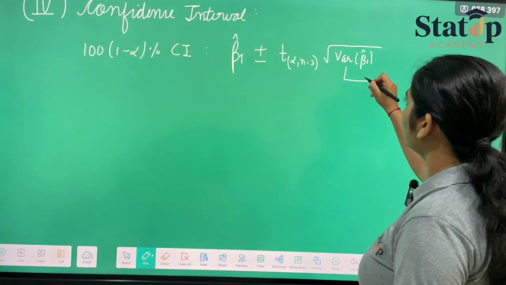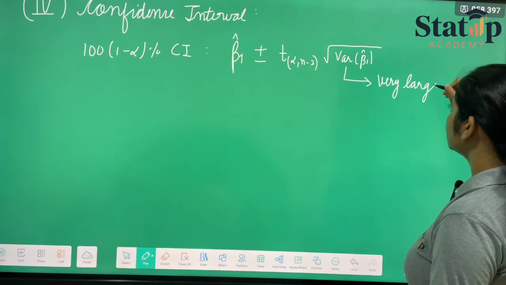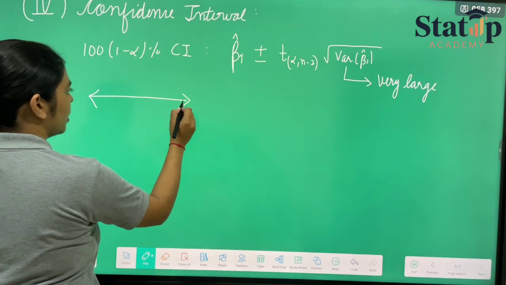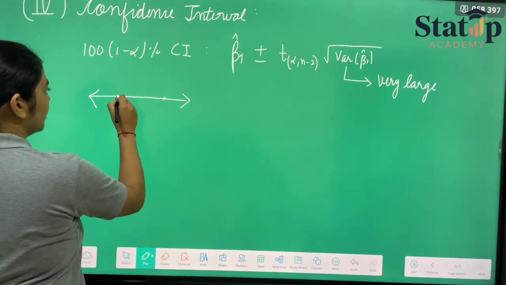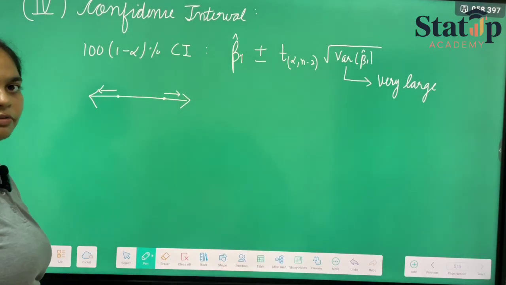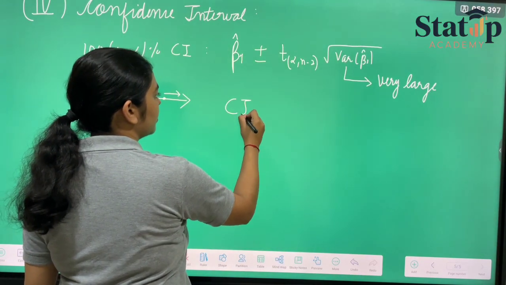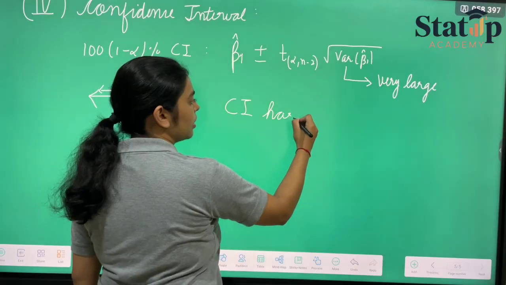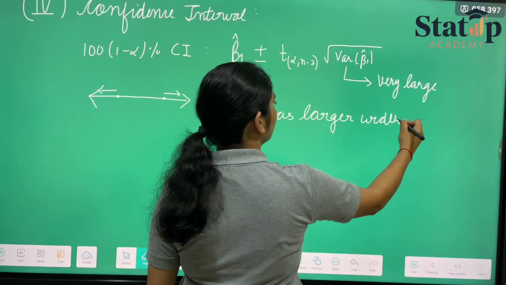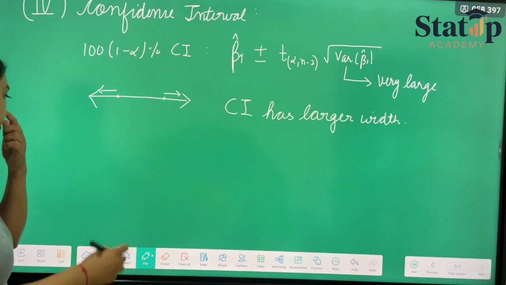Now here the value for variance of beta 1 cap is very large, and since the value is very large, our confidence interval also increases. The width of our confidence interval also increases, and hence this confidence interval has larger width, which is not a good sign of a good estimator, and hence it also affects the confidence interval.